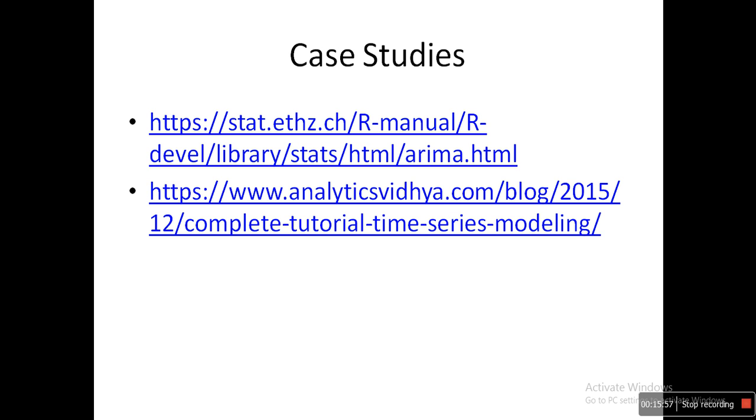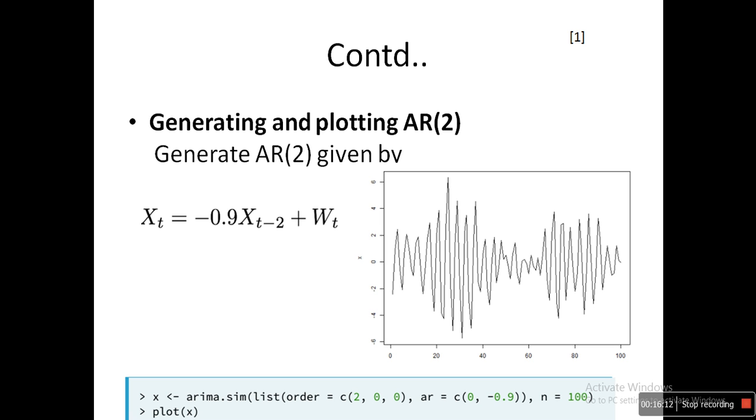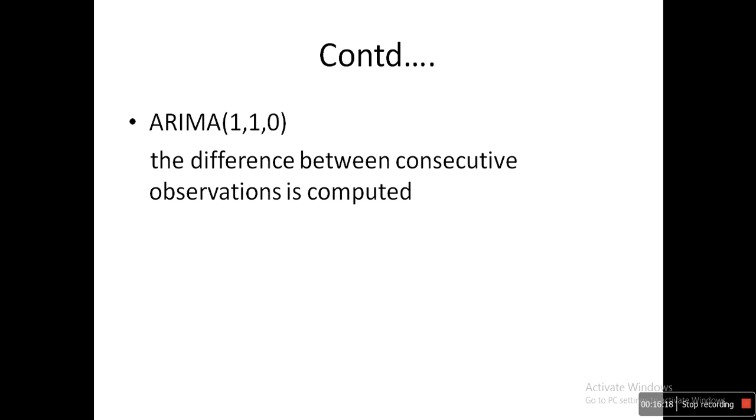In this site, the whole prototype for the arima function is given. The arima function is used for fitting the ARIMA model on any time series data, whereas arima.sim is only for simulating time series data.